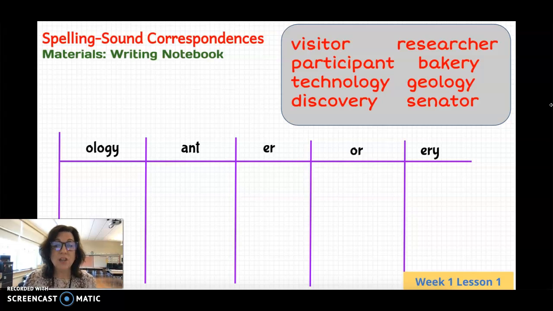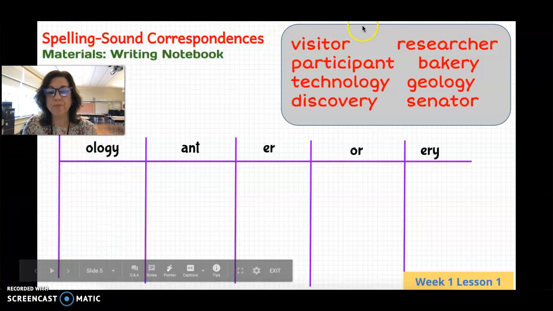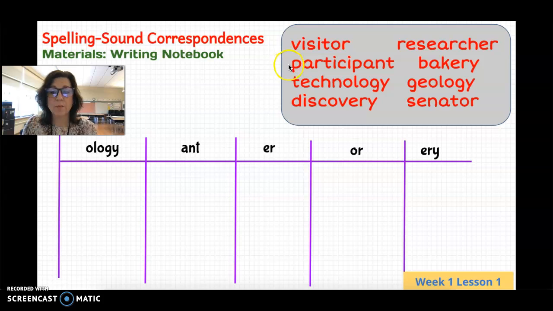All right, you need a writing notebook. So make sure you grab your writing notebook. I should have told you that to begin with, I'm sorry. We're going to do spelling sound correspondences. So what I want you to do is take the words in the box and I'll read them. We've got visitor, participant, technology, discovery, researcher, bakery, geology, senator.